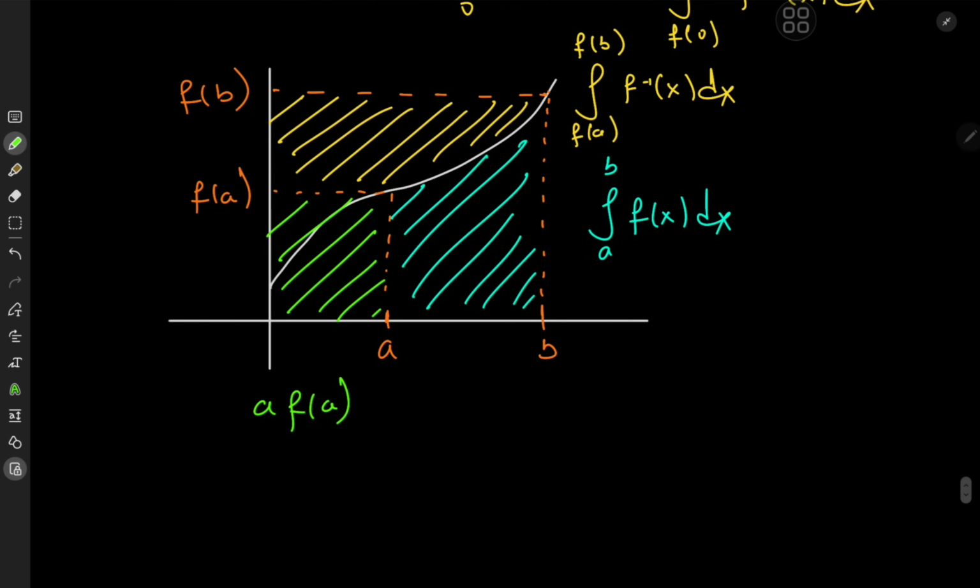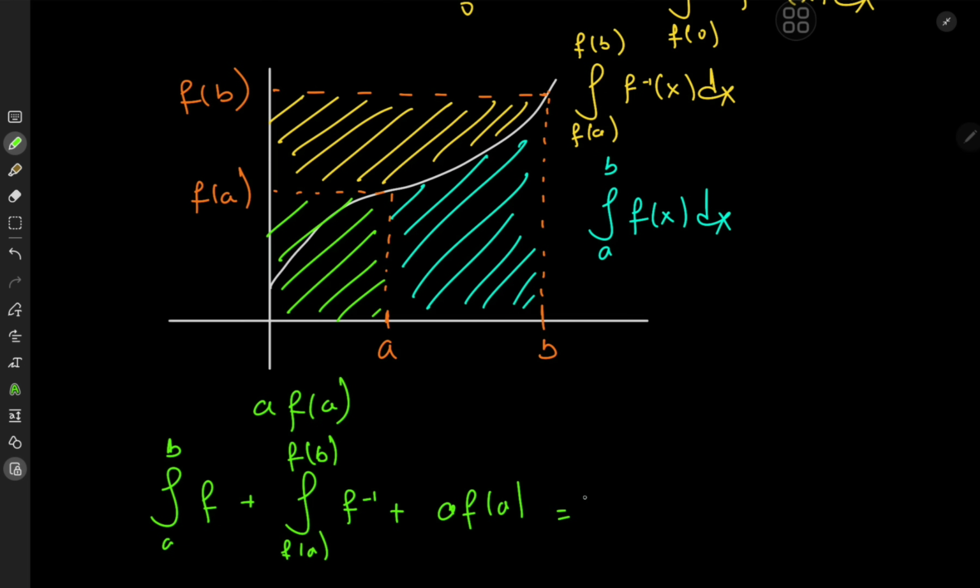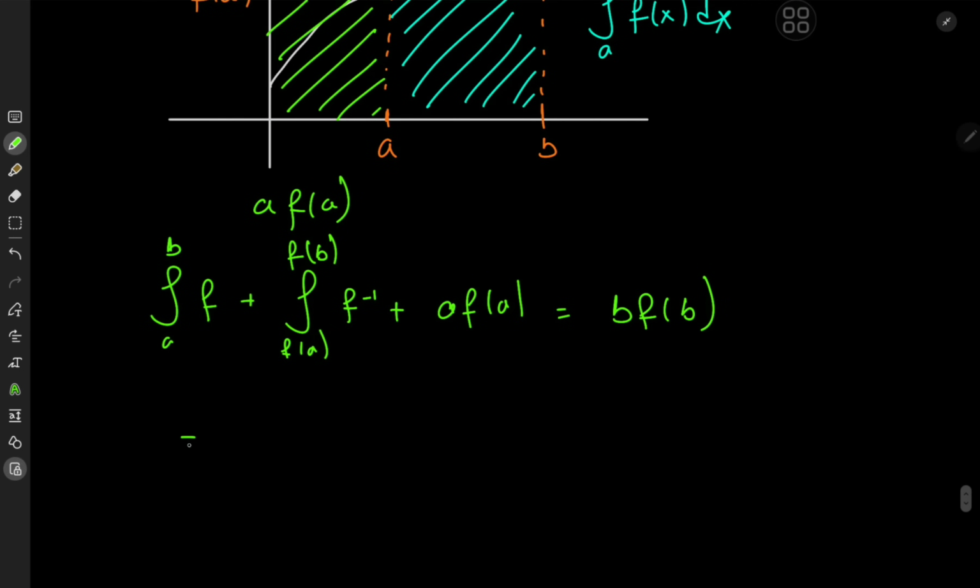And if you add together all these three integrals, all these three areas, that is, we have the integral from a to b of f, plus the integral from f of a to f of b of f inverse, plus a times f of a, well, then you have a rectangle of area b times f of b, which is pretty awesome. So this implies that, let me just write this somewhere else, a times f of a, much better.